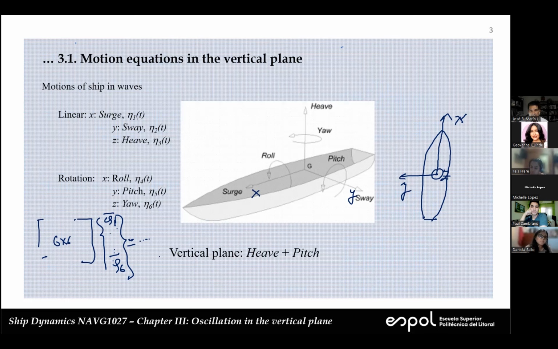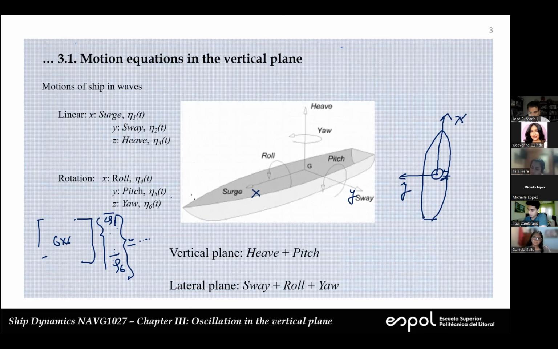Now, heave in general, this is the 3rd degree of freedom, so we call it eta 3, okay? So eta 3 is in general a function that depends only on time because we consider this as a rigid body. Pitch we call eta 5 because it's the rotation with respect to the Y-axis. And the other plane, or the other combination of motions, is the lateral plane.